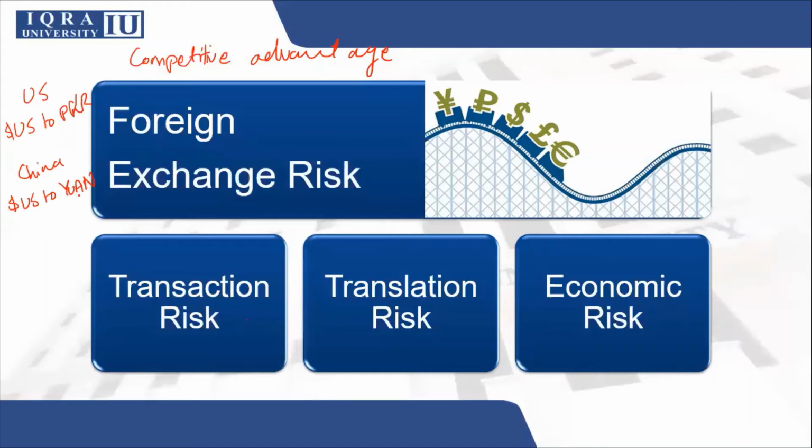Because if the yuan depreciates, if the value of yuan goes down compared to the US dollar, then the exports that are going to come from China will become cheaper. So the manufacturer from China will then have a competitive advantage over you. It is going to weaken your competitive position. Similarly, if the PKR would have depreciated, then your exports would have become cheaper, and then you would have gained a competitive advantage.